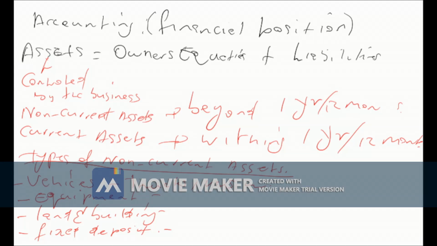Then we have land and building. Land and building is the building where the business is operating, and also the land. A fixed deposit is money that has been deposited in the bank, maybe for 10 years, 20 years, or even more, with the aim of getting interest. So these are the types of non-current assets.